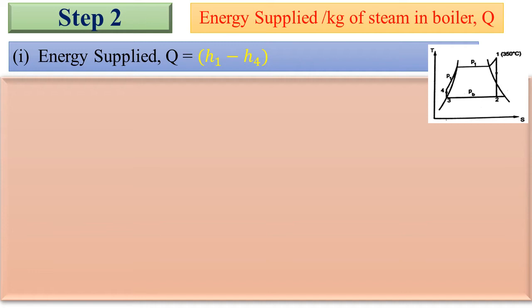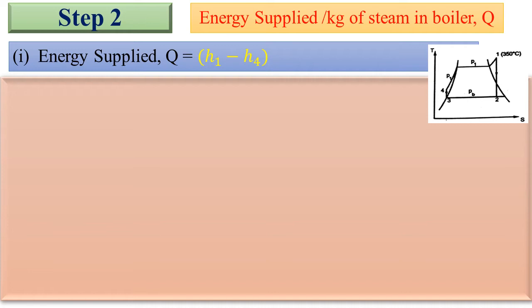So energy supplied Q is equal to enthalpy at point 1 minus enthalpy at point 4. Its meaning is that energy is supplied in process 4 to 1. So it represents the energy supplied during the steam generation process, or energy supplied in a boiler. Process 4 to 1 will include economizer, boiler as well as superheating section.